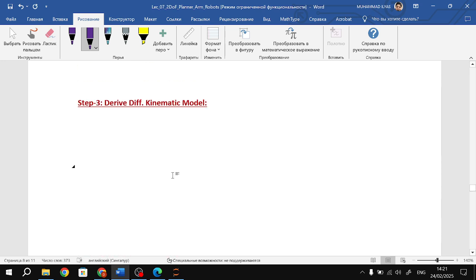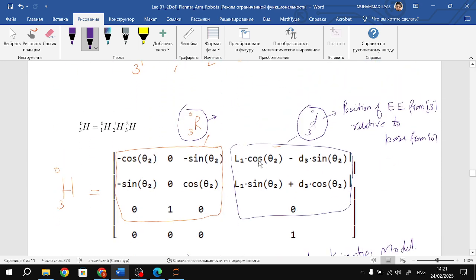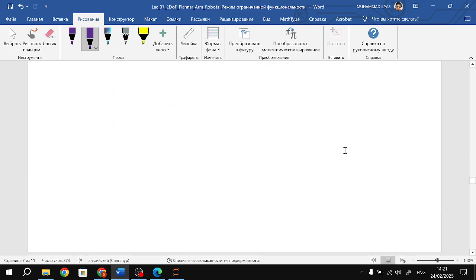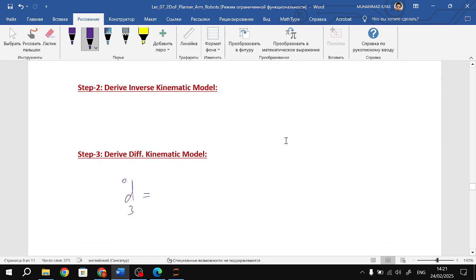So what are our three positions? We can get them from here. L1 cos of theta 2 minus D3, this one, right? So our three positions are x 3 to 0, y 3 to 0, and z 3 to 0. z will be 0 because we are considering only two dimensions.